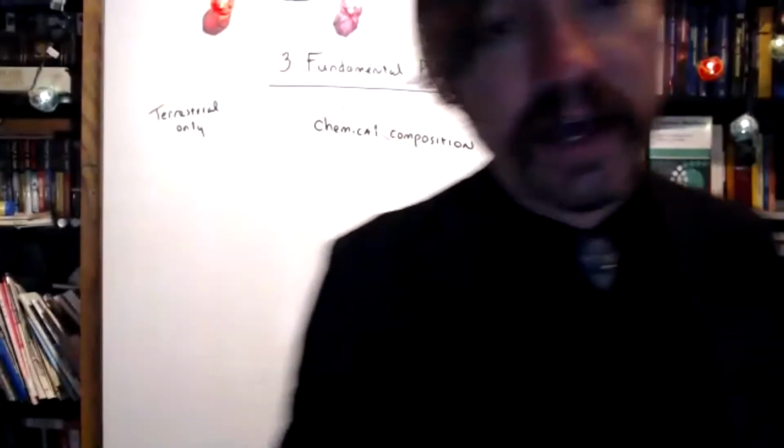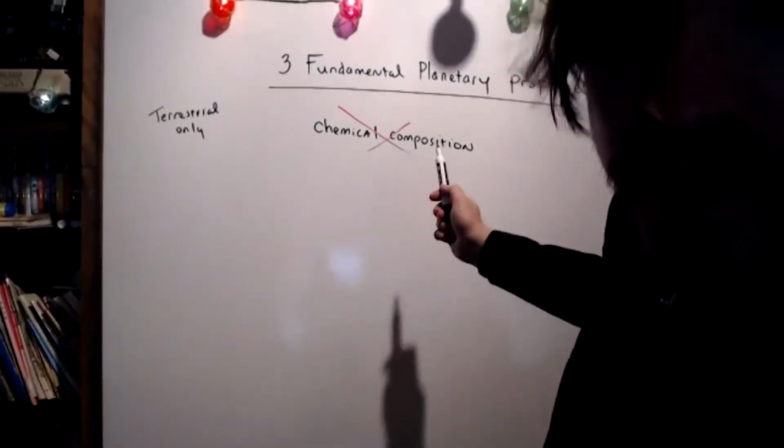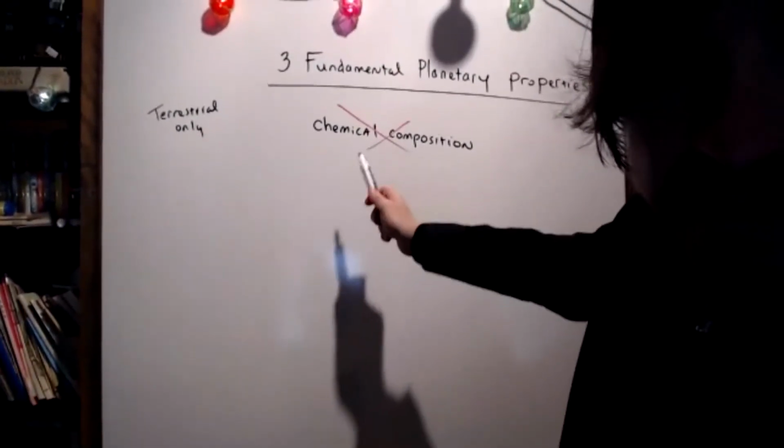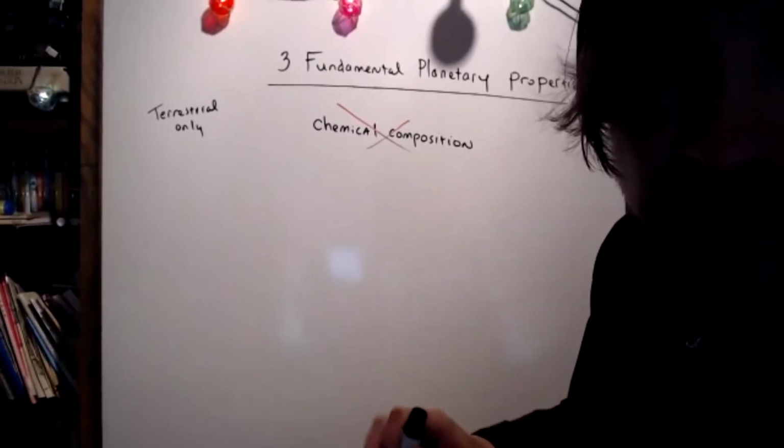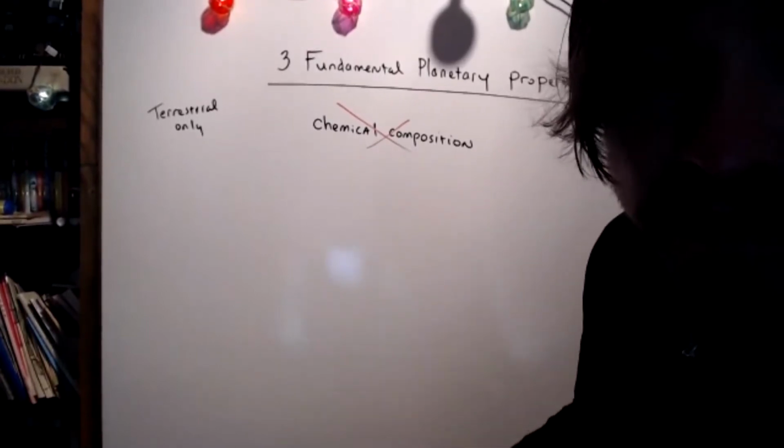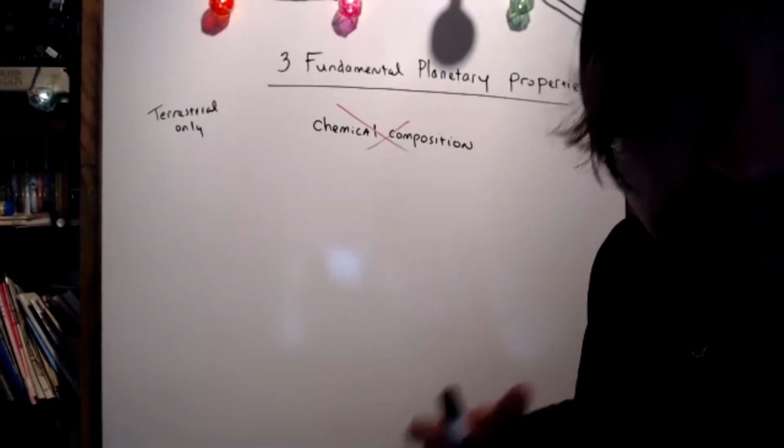That's because while there may be differences between Jovians and terrestrials in terms of chemical composition, within the terrestrial zone itself, all terrestrials are made of the same thing.